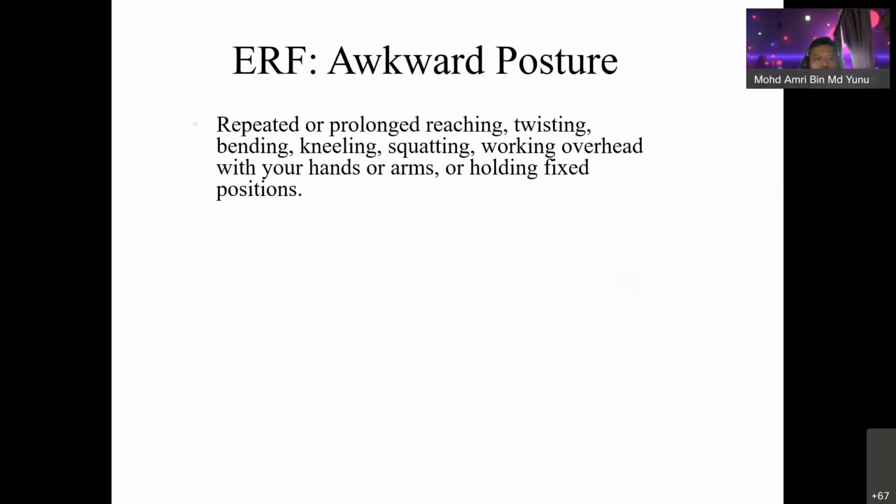Okay, awkward posture is basically repeated or prolonged reaching, twisting, bending, kneeling, squatting, working overhead with your hand or arm, or holding a fixed position. There are dynamic and static motions, like twisting.